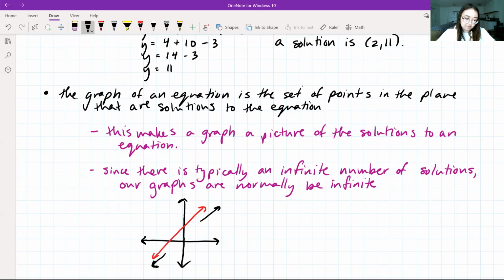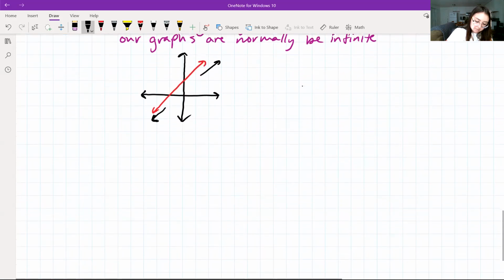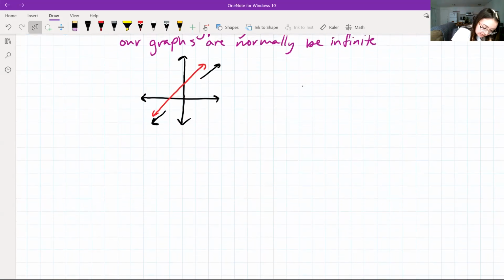All right. So now we can go ahead and talk about our x and y intercepts.